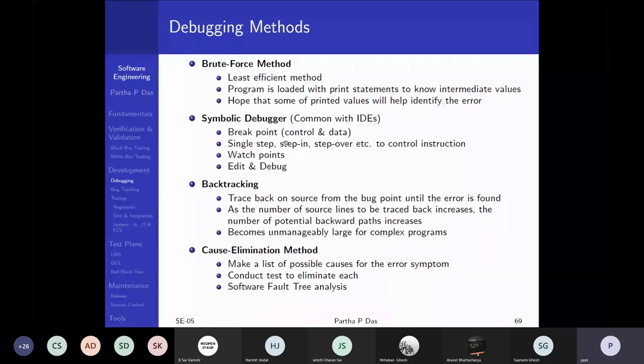Debugging methods, you all would know a lot more methods to debug, but this is formally what software engineering normally documents. One is a brute force method, which all of us do all the time. You started doing it while you started off with PDS, that you put printf statements.